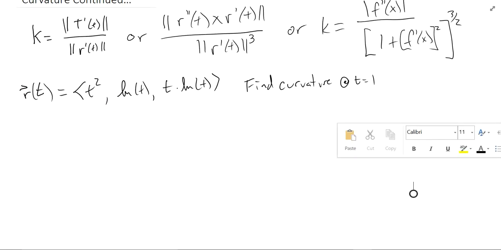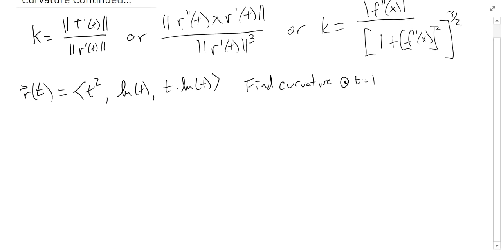Alright, and I'm going to use this second formula this time. To use that second formula, I need the first derivative and the second derivative. So I need r prime of t. The derivative of t squared is just 2t. The derivative of natural log of t is 1 over t. For t times the natural log, I've got to use the product rule.